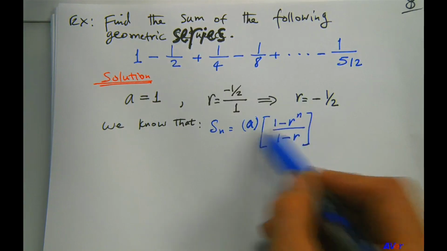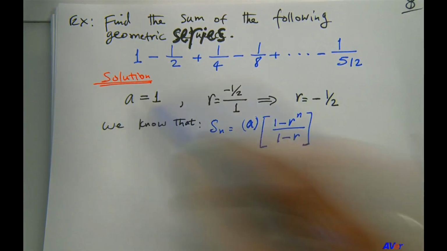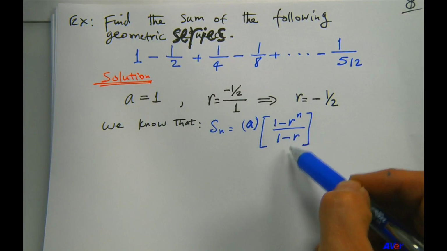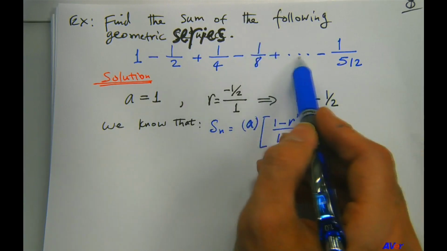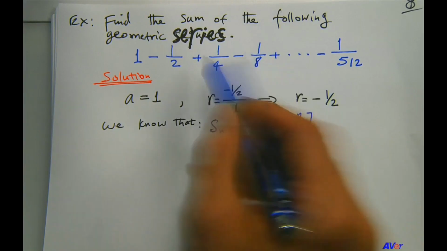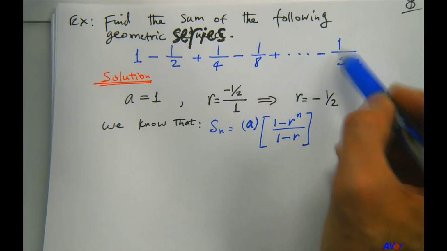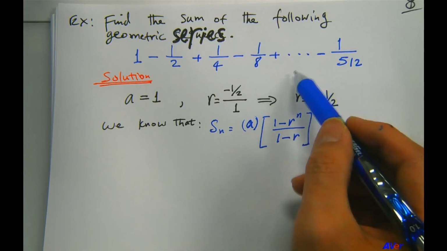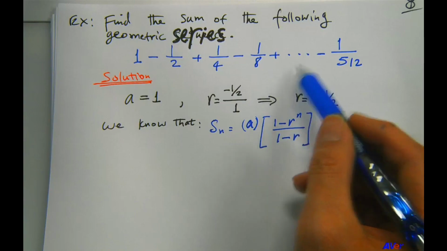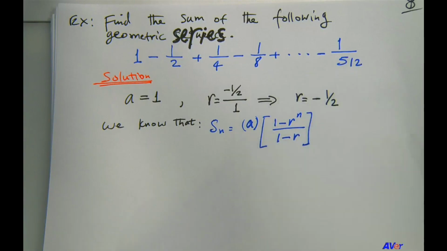Here we know a, the first term, we know the common ratio, but we don't know how many numbers we're adding. We need to know n, right? There's a gap here, and presumably this is the last term. So we still need to know how many numbers in this finite geometric series we're adding, and we don't know that.